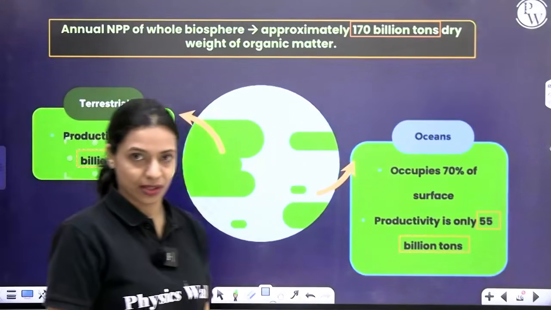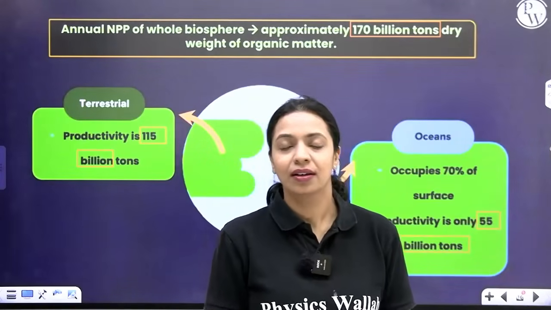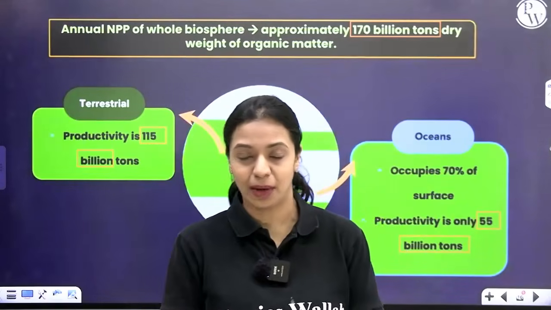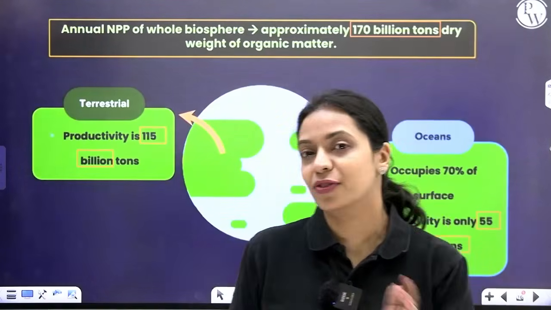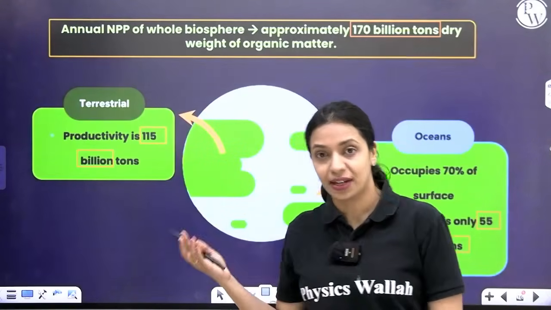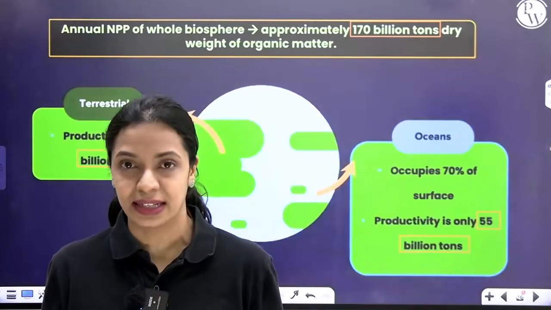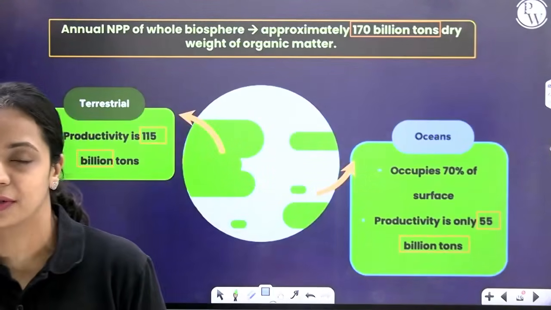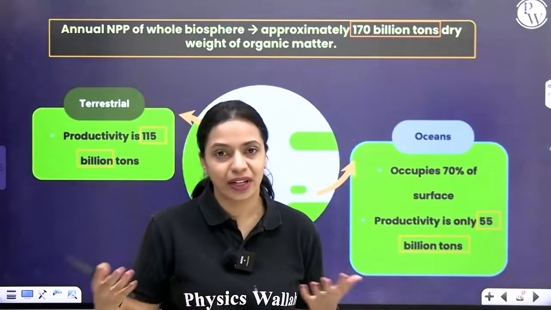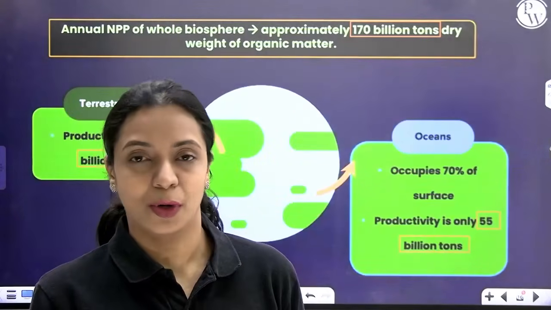In terrestrial ecosystems, why is it so? Water is more, so productivity over there has to be more, right? Not really. I told you there are a lot of factors that affect productivity, especially primary productivity. It depends on what kind of species you find there, how much sunlight is available. Think about land, a lot of sunlight is available, especially near the tropics. You have many different types of tall plants and trees that can be more productive. Whereas in oceans, only at the surface, whatever photosynthetic organisms, free-floating planktons and algae are there, will mostly contribute to the primary productivity.